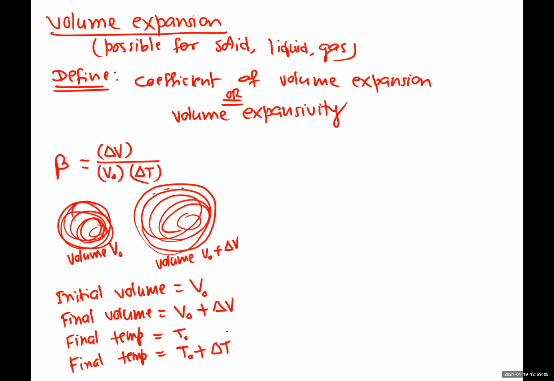Based on that, we can define the volume expansion. It is clear that the unit of beta is also per degree Celsius or per Kelvin. It does not matter which temperature measurement scale we choose.